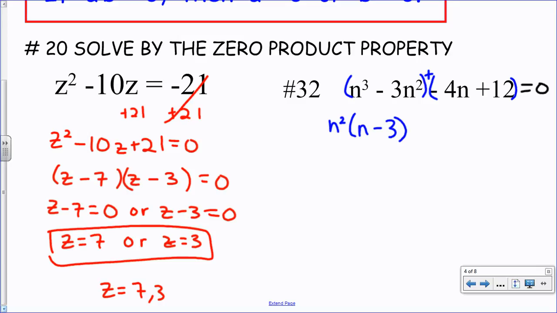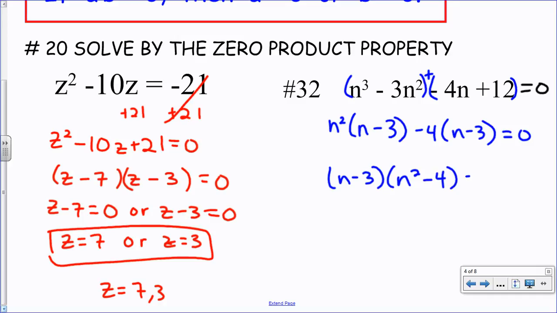And then what would you factor out of the second group? Good. Negative 4. So n minus 3. So what they have in common, what you factor out now is the n minus 3. And that leaves you with n squared minus 4. If you notice, n squared minus 4 could factor because it's difference of squares. So that factors to n minus 2, n plus 2.